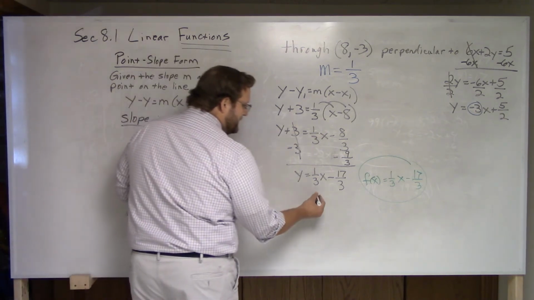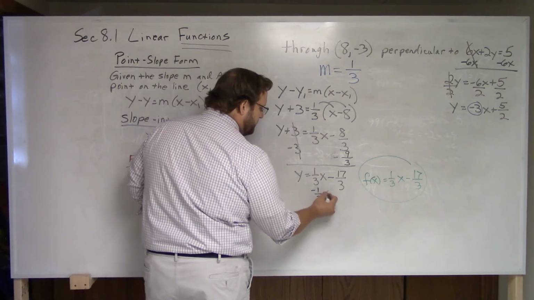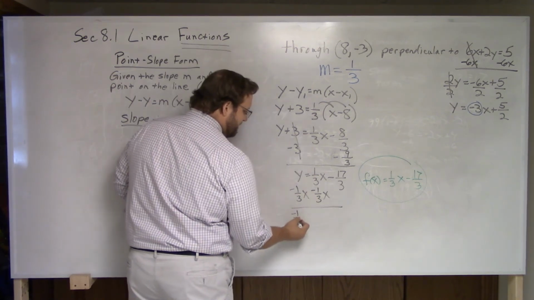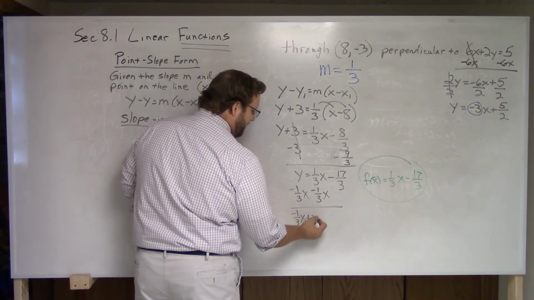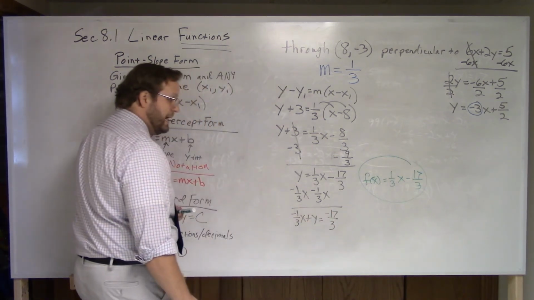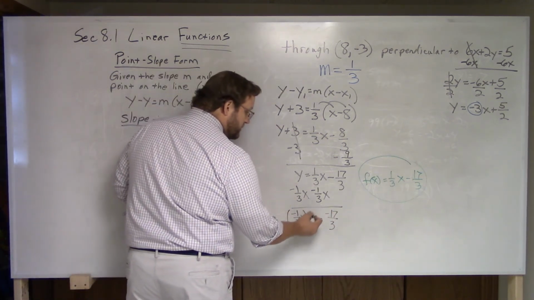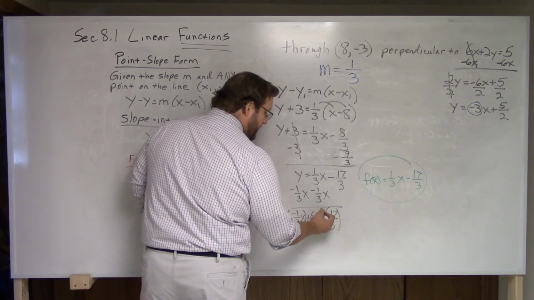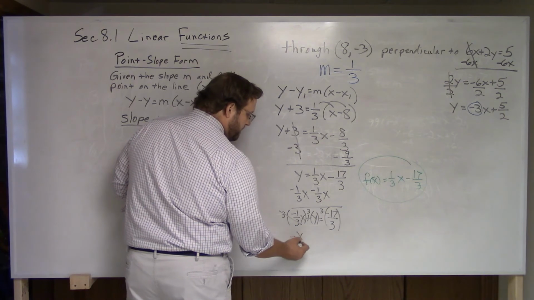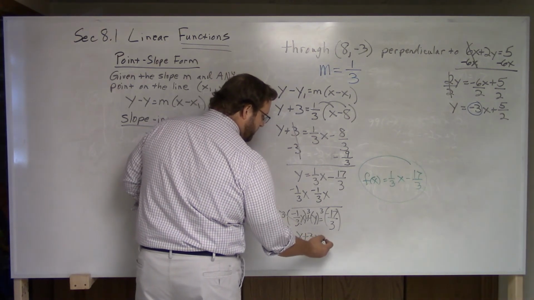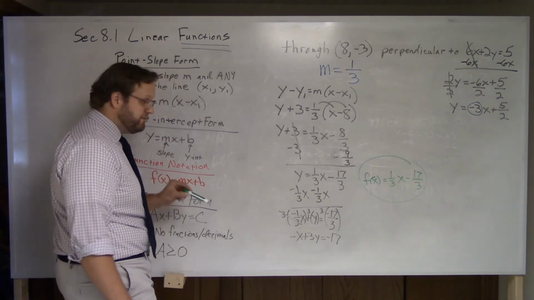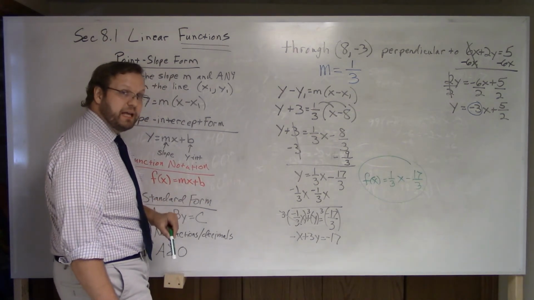So I'm going to get the x and y on one side. I'm then going to clear the fractions by multiplying everything by 3. And then I have to fix that one last problem, that negative can't be on the x.